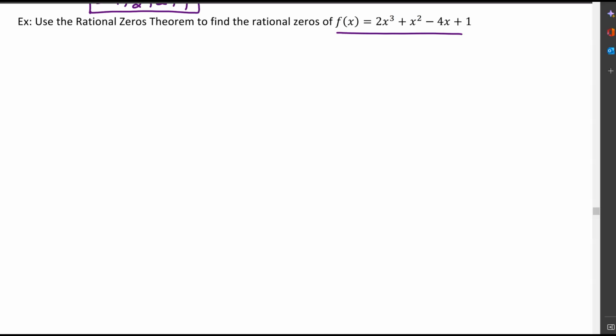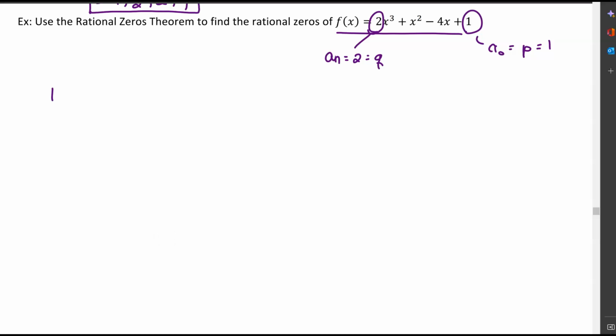Alright, so here we're going to use the rational zero theorem. So let's take a look at the leading coefficient here. We have a 2. So, alright, this is our a sub n, which is 2, which is also our q, right? Here our 1 is our a naught, but this is also known as our p, right? So we have a 1 here. So let's take a look at all the possible factors.